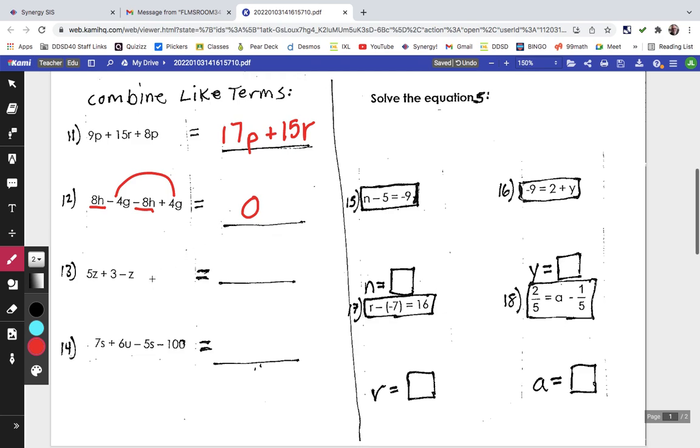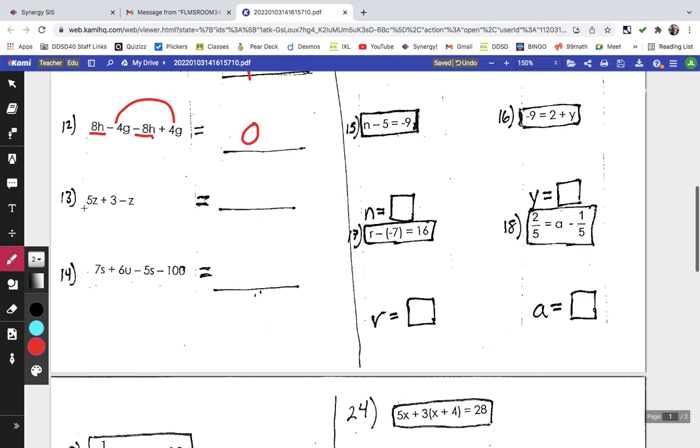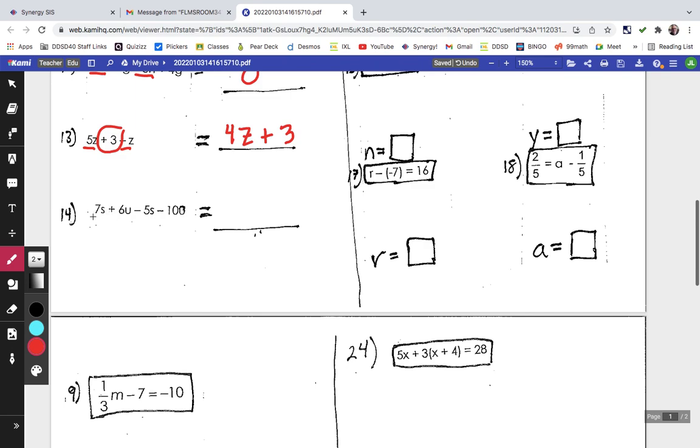For number 13, there are 5 Z's and then you take one away, so you have 4Z. And this is called a constant. It's just plus 3. We can't combine it with any variable. For number 14, we have 7 S's and we take 5 of them away. Then we'd end up with 2S.